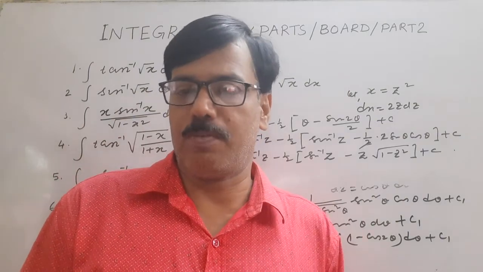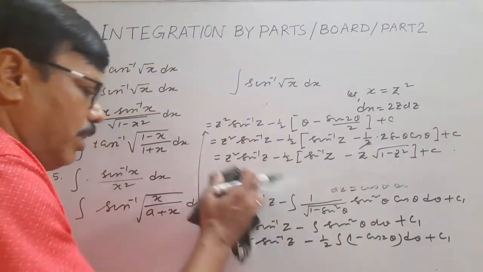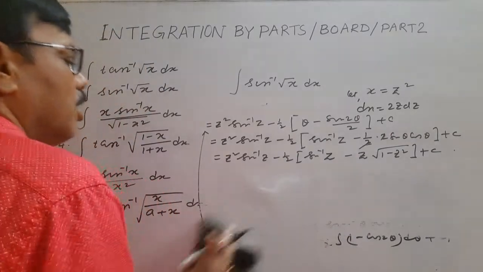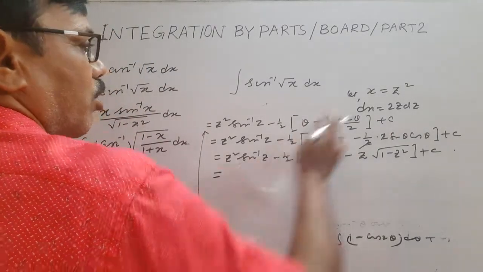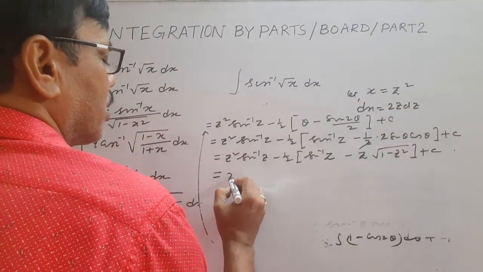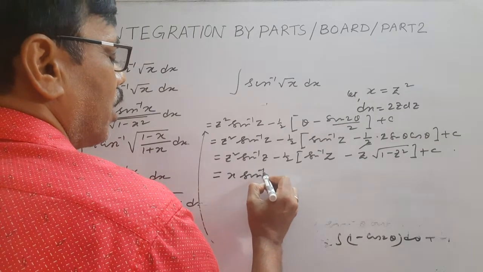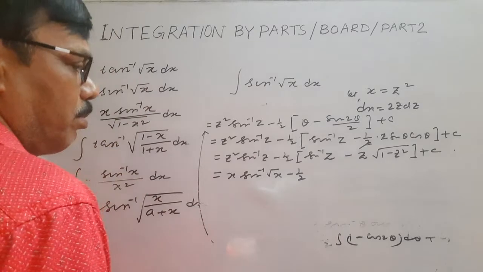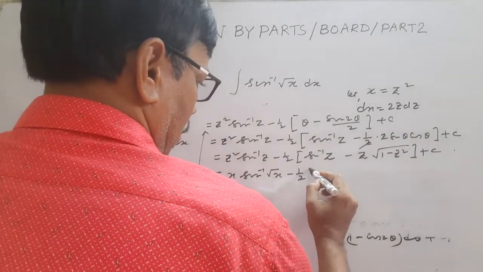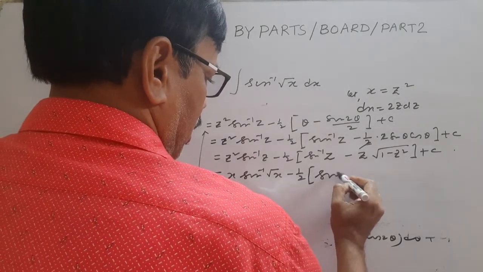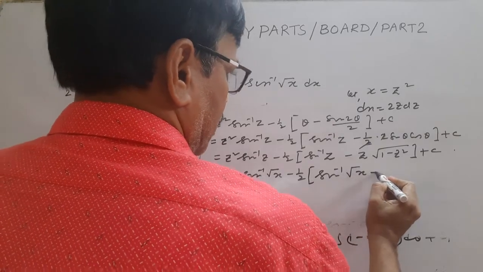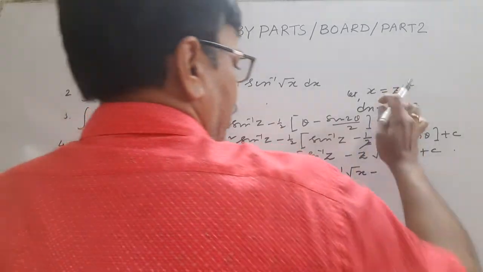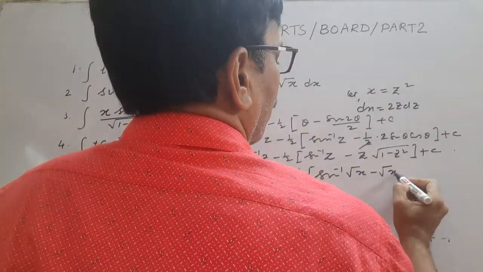Now you have to replace z in terms of x. So what is z square? z square is x. So x sin inverse root x minus half, this is sin inverse root x. What is z? Root over x.